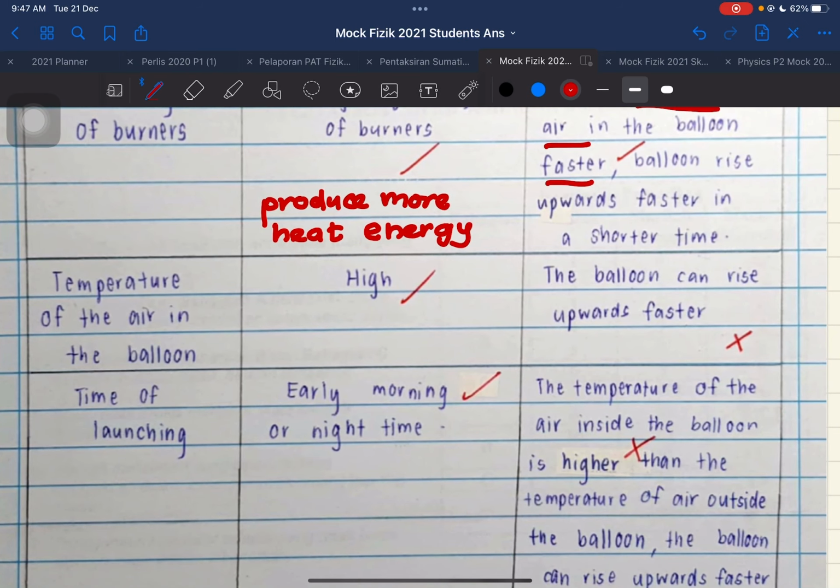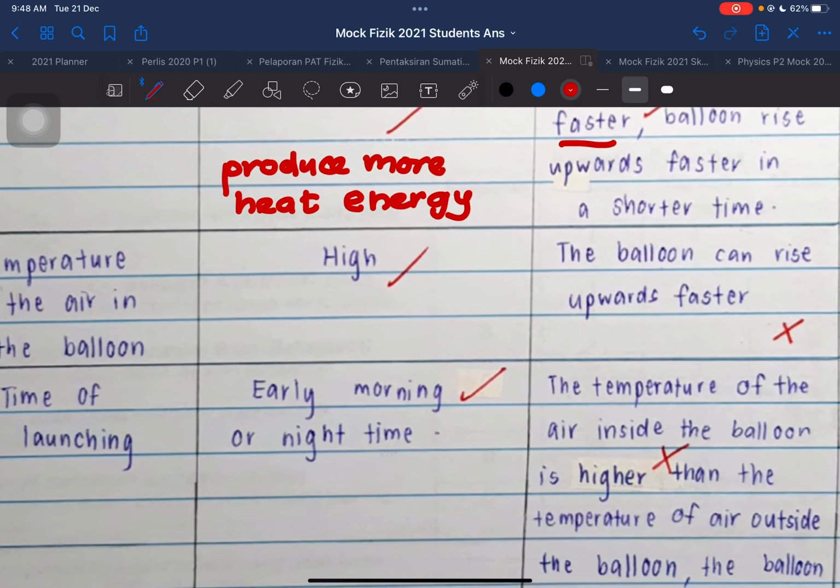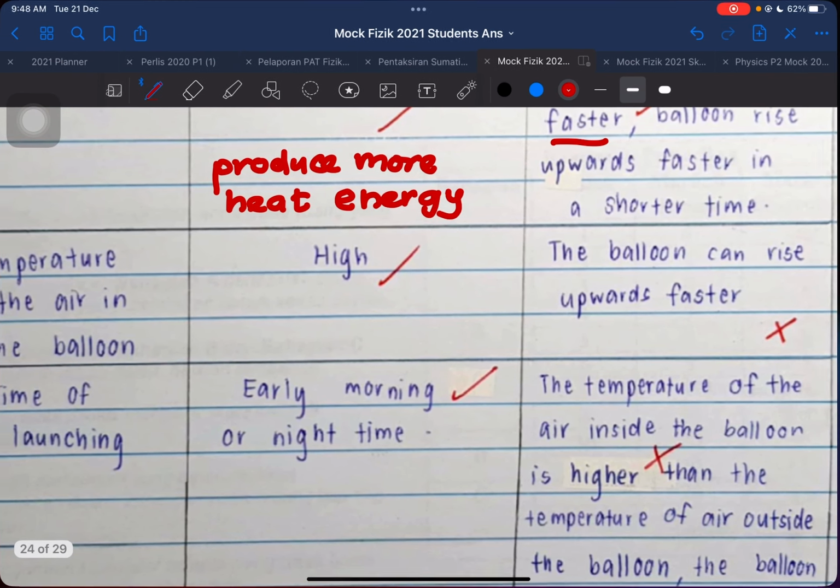Temperature of the air in the balloon should be high. You don't write warmer, temperature warmer. It's good to write greater temperature. Reason: greater temperature air will be smaller density.